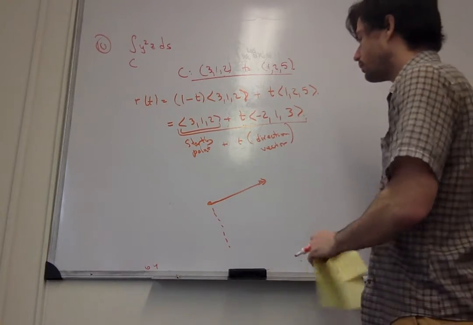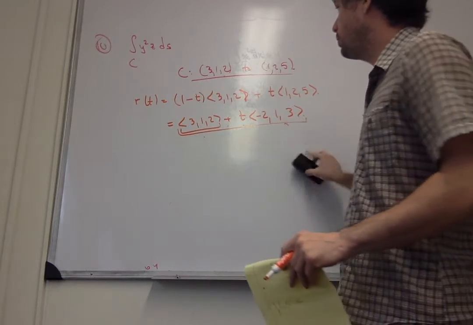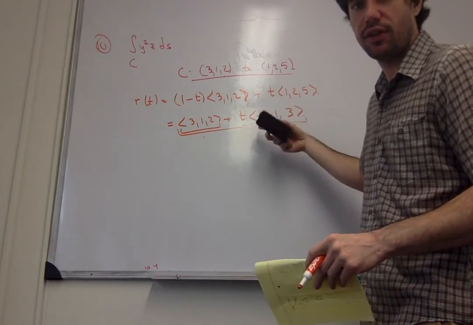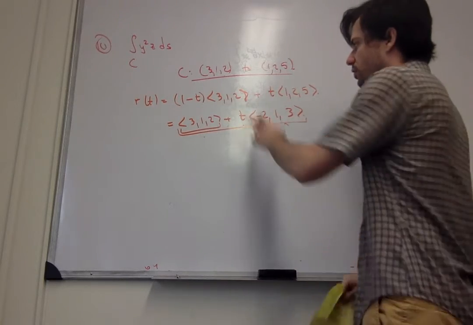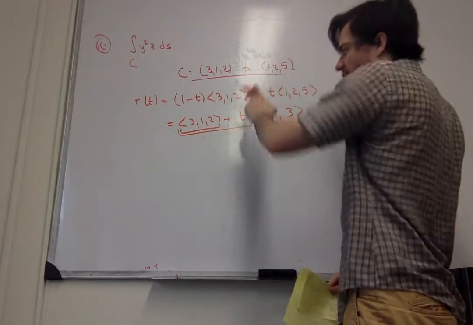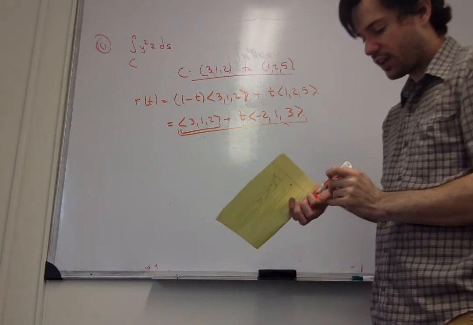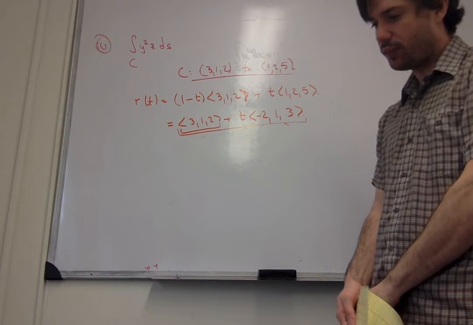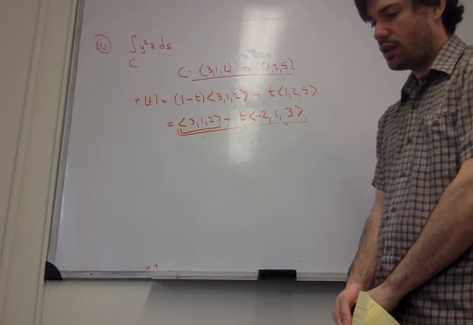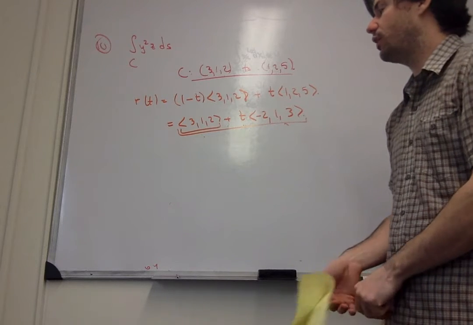Now, the book wants you to do it this way. You're going to have 2 instances of t, 1 minus t and t. Once you do it this way, though, you're going to have to convert it to this anyway, because you're going to have to compute derivatives, and you need to see x and y and z in very simple manners.